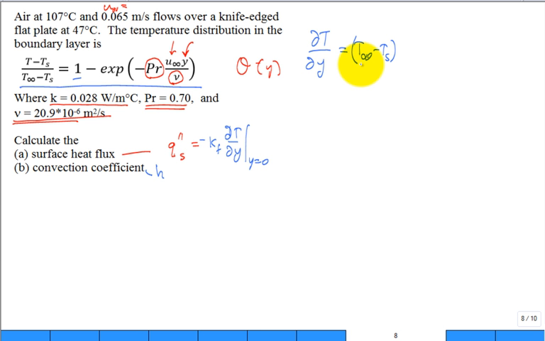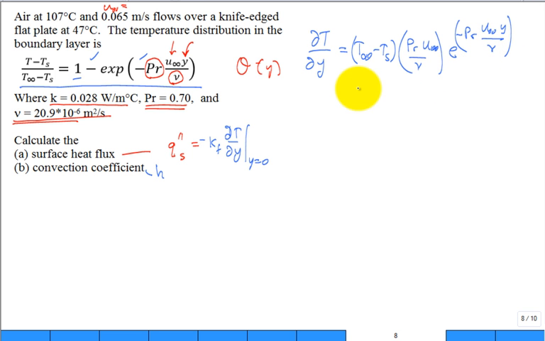But if I take the derivative of 1, that falls out to 0. And then I have minus exponential of something times y. So that minus and that minus are going to create a plus. It'll be the Prandtl number u infinity over nu times e to the minus Prandtl number u infinity y over nu. Did I do that derivative okay?